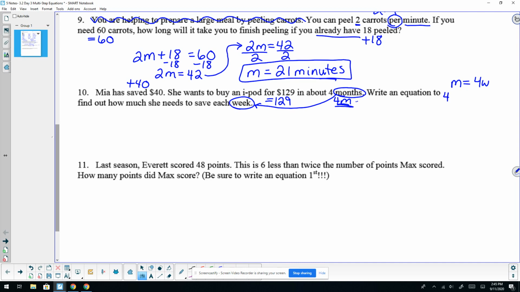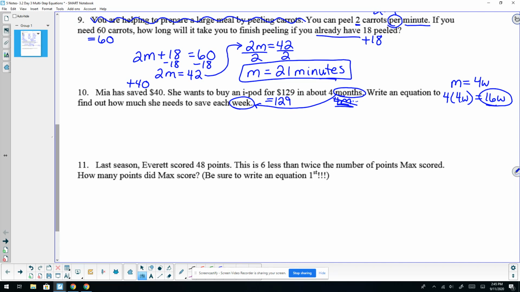I'm going to take 4 times 4W, because M can be changed into 4W, right? That's going to equal 16W. So she actually has 16 weeks to save everything. I'm no longer going to use the 4M because I now have the 16W.